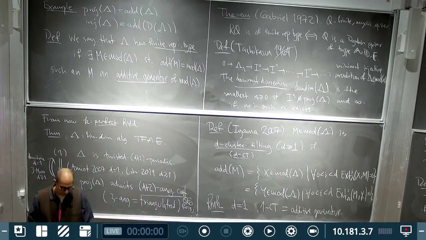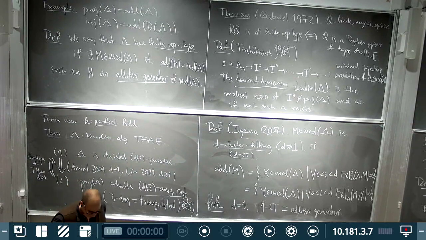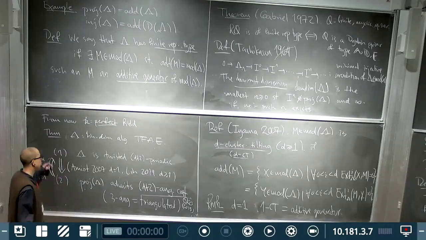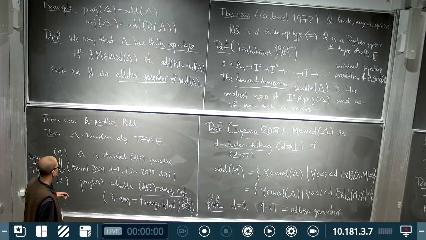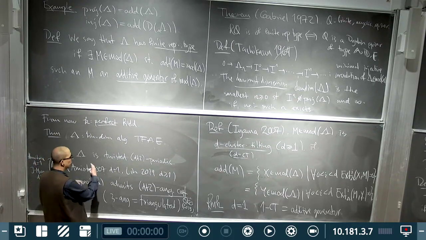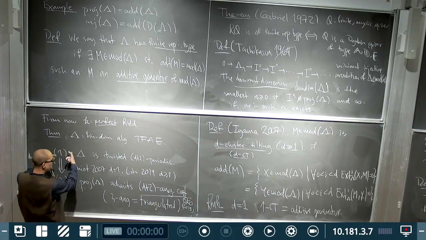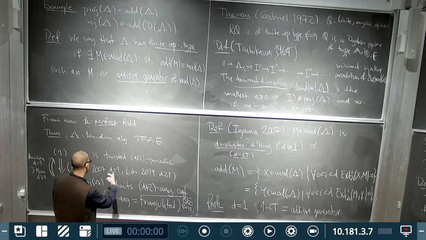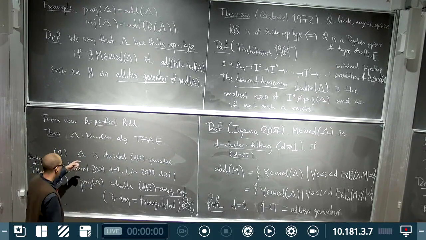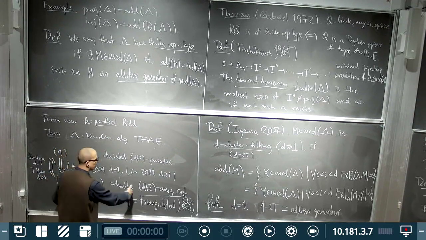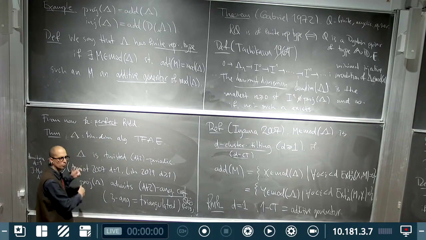Maybe some warnings: the proof of the converse doesn't tell you that if you have a triangulated category structure on proj lambda, then it comes from Amiot's construction.